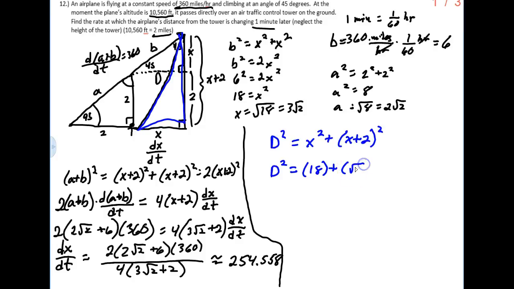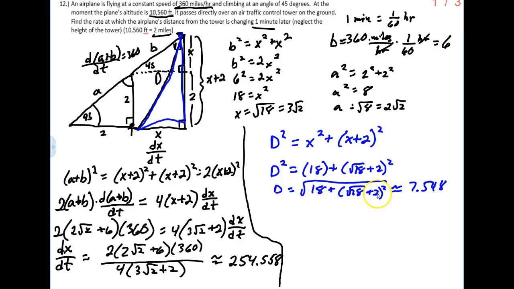So the square root of 18 plus 2, quantity squared. So that is d squared, or you could say that d is then the square root of all of that. Of course, this one we could just do a calculation. If we do that, we're going to get that d is approximately 7.548.